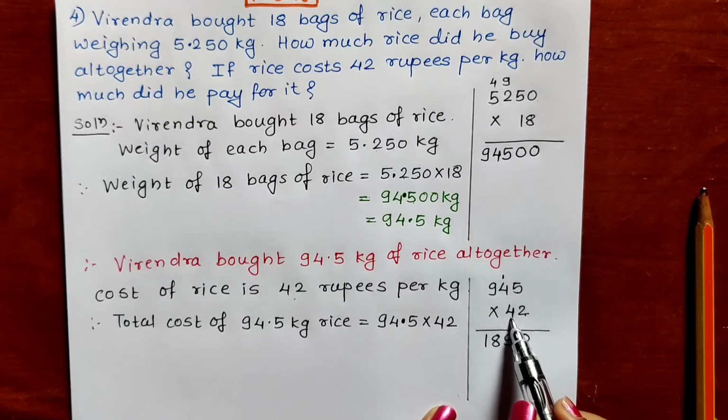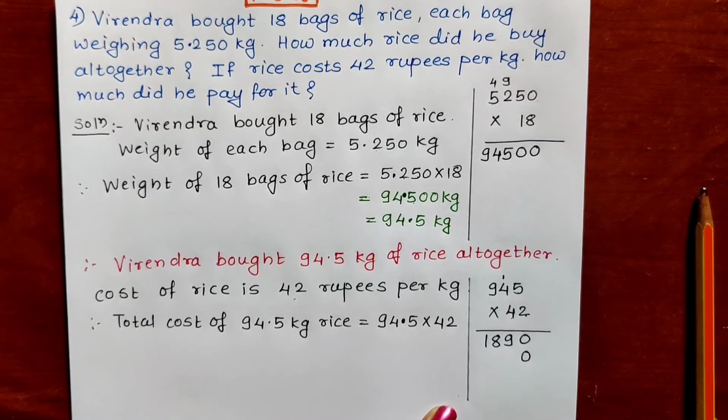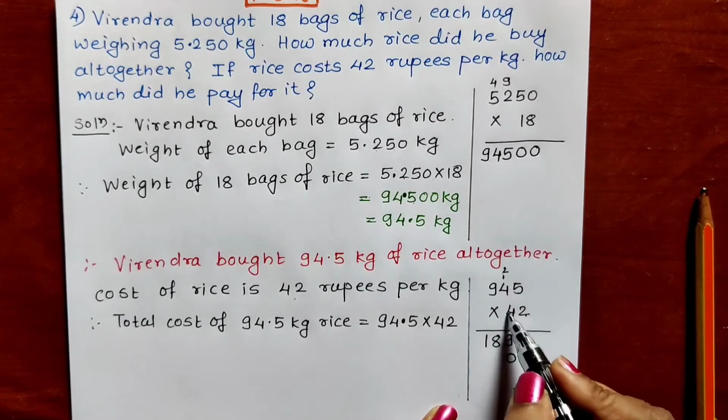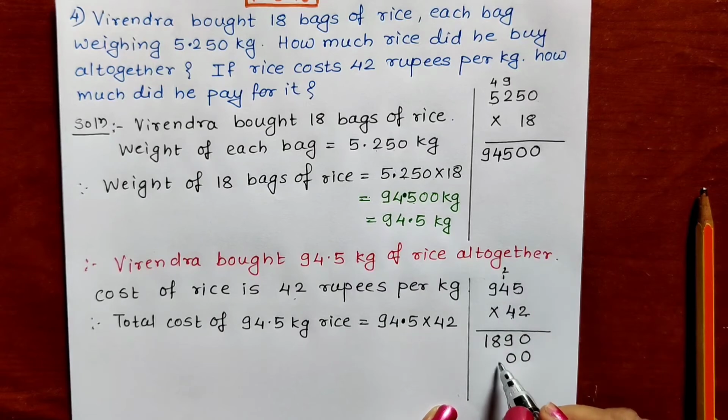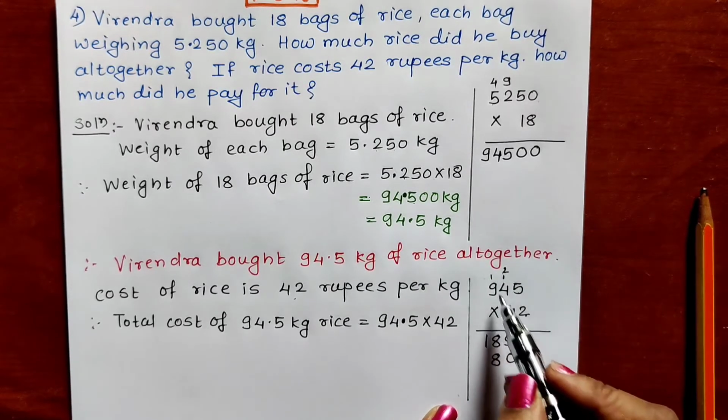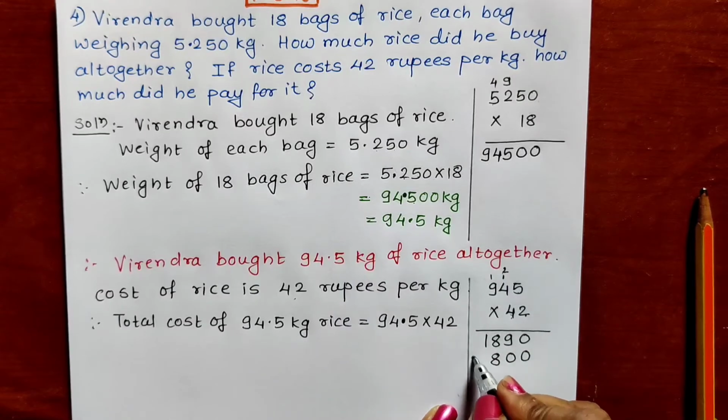Now we have to multiply by 4. 4 is in the tens place digit, so in the unit place we have to put 0. 4 5s are 20, 0 written, 2 carrying. 4 4s are 16, 16 plus 2 is 18, 8 written, 1 carrying. 4 9s are 36, 36 plus 1 is 37.